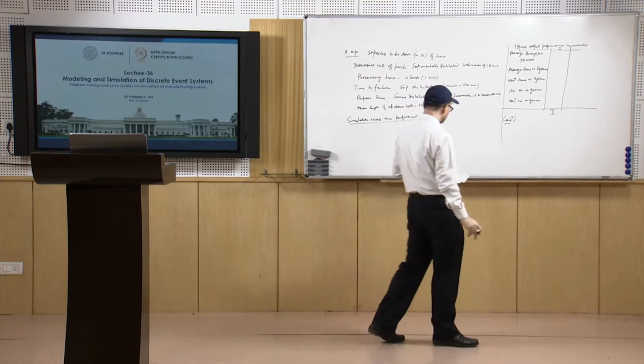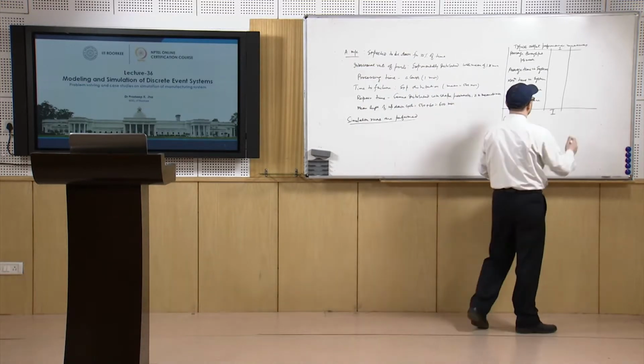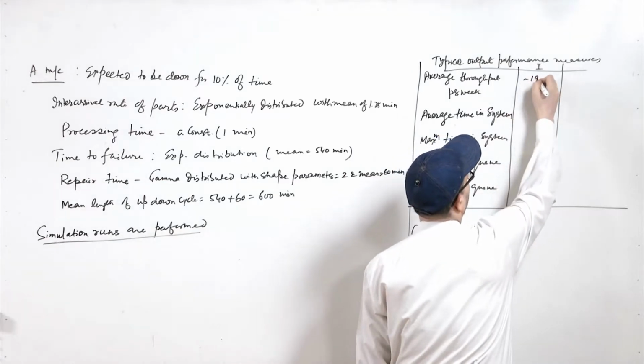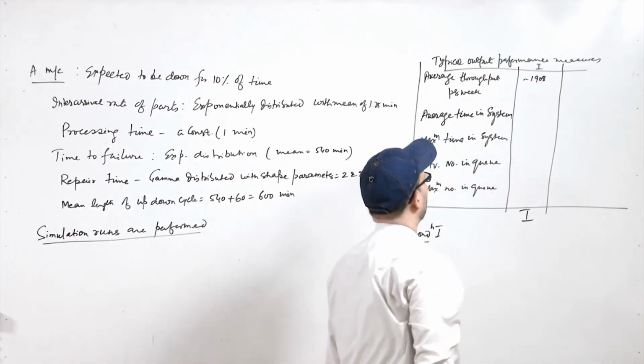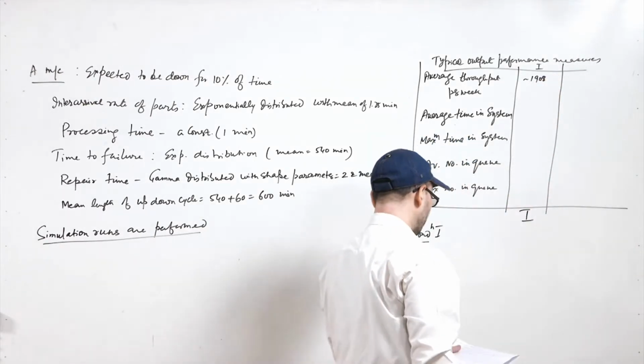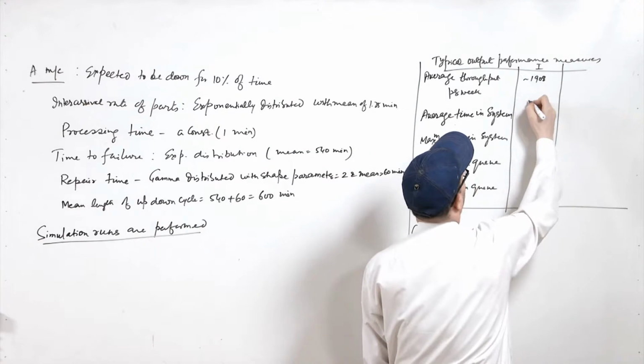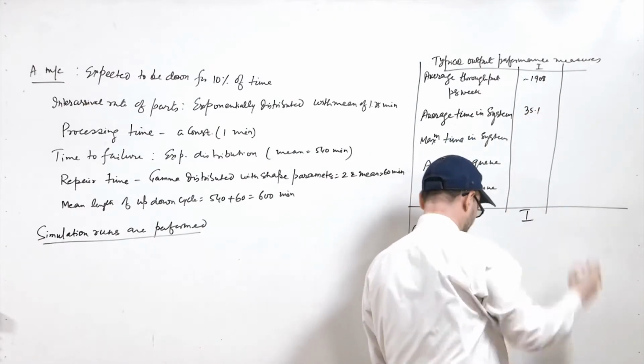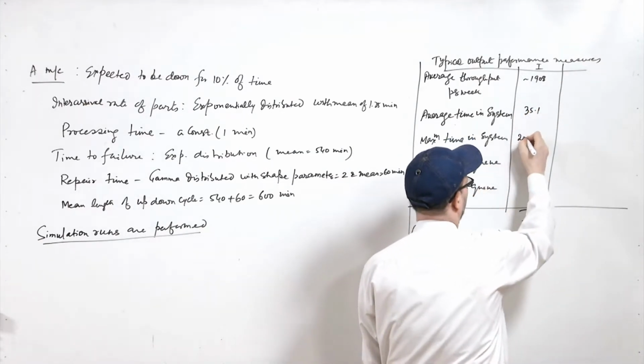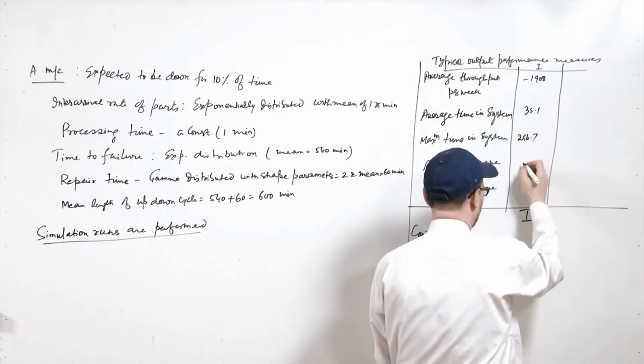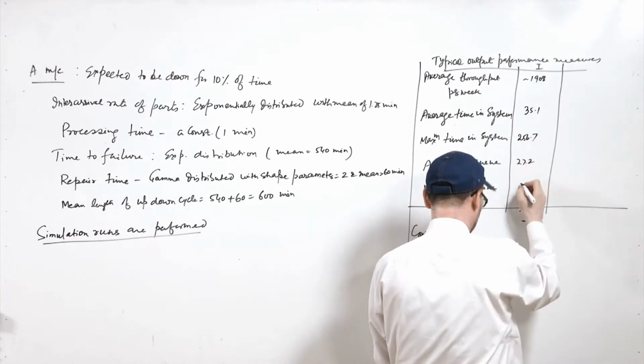What you see is the value coming as something close to 1908, that is average throughput per week. Similarly, average time in system is 35.1, and then 256.7, and further 27.2 and then 231.